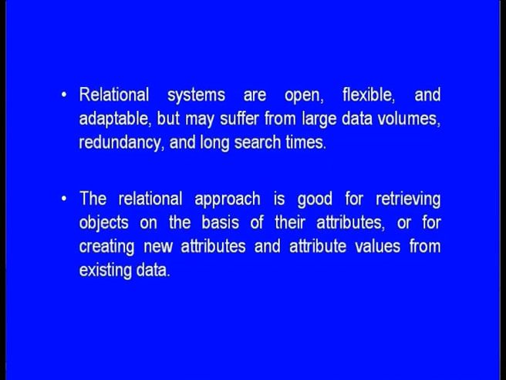Relational systems are open, flexible and adaptable, but may suffer from large data volumes, redundancy and long search times. The relational approach is good for retrieving objects on the basis of their attributes and for creating new attributes and attribute values from an existing data set.